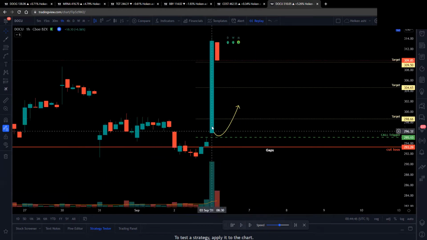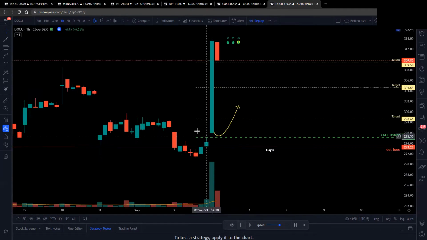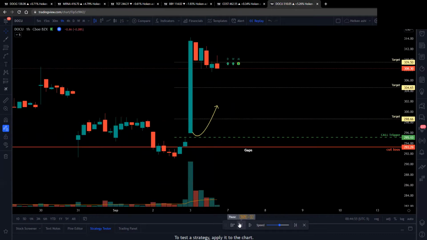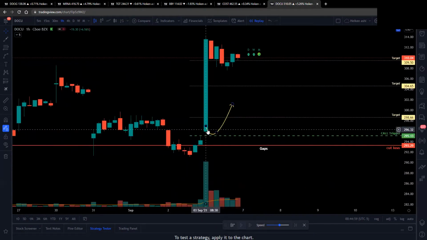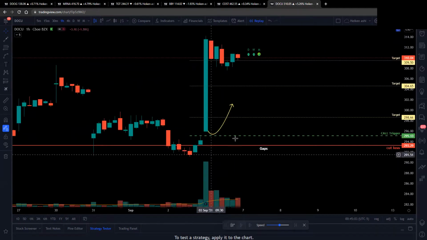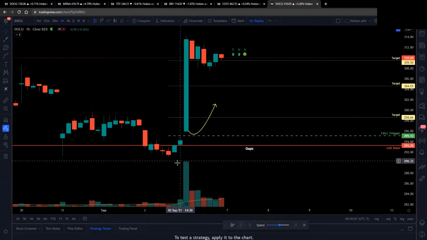This one gapped up really fast, and this one never even crossed the target. So I would be careful with these types of plays, because you don't know how far it goes up and then it goes down right away. This is a little risky play for gaps, so I would be careful.